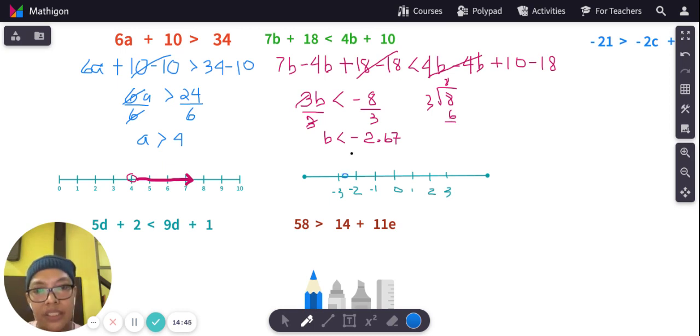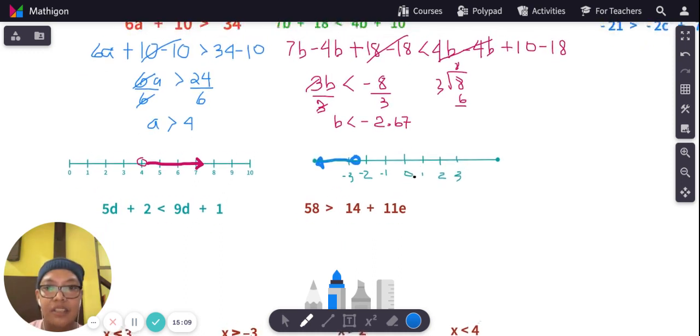Okay, so it's less than, therefore your B is here. Again, your circle is not shaded because negative 2.67 is not included.